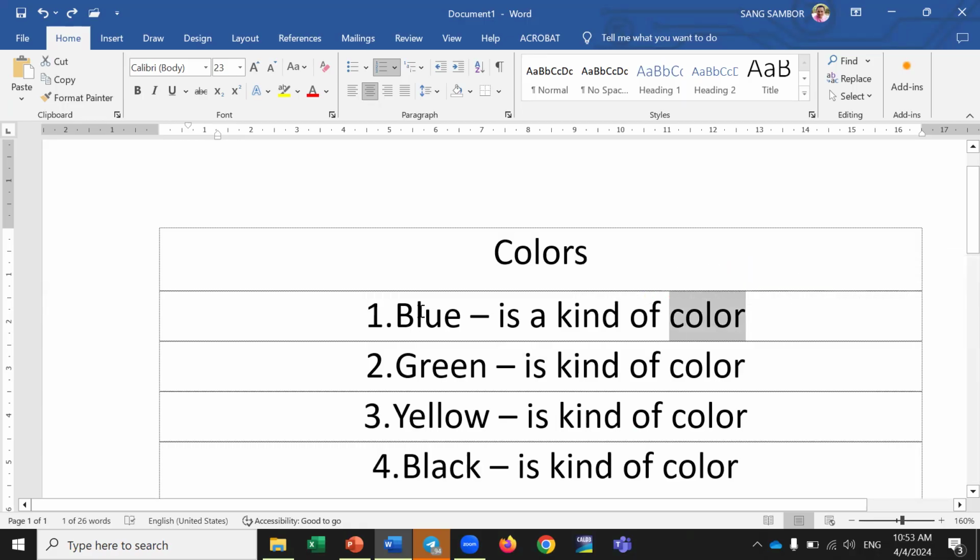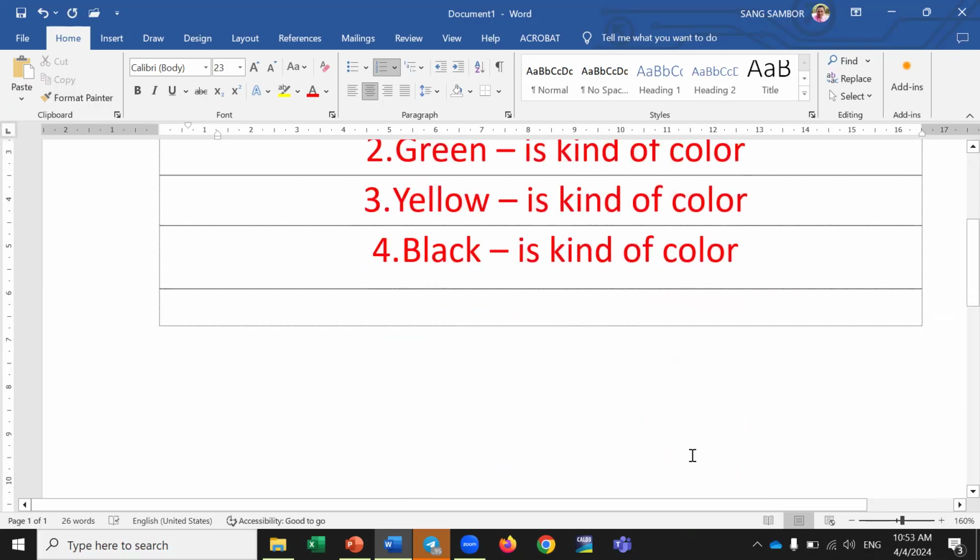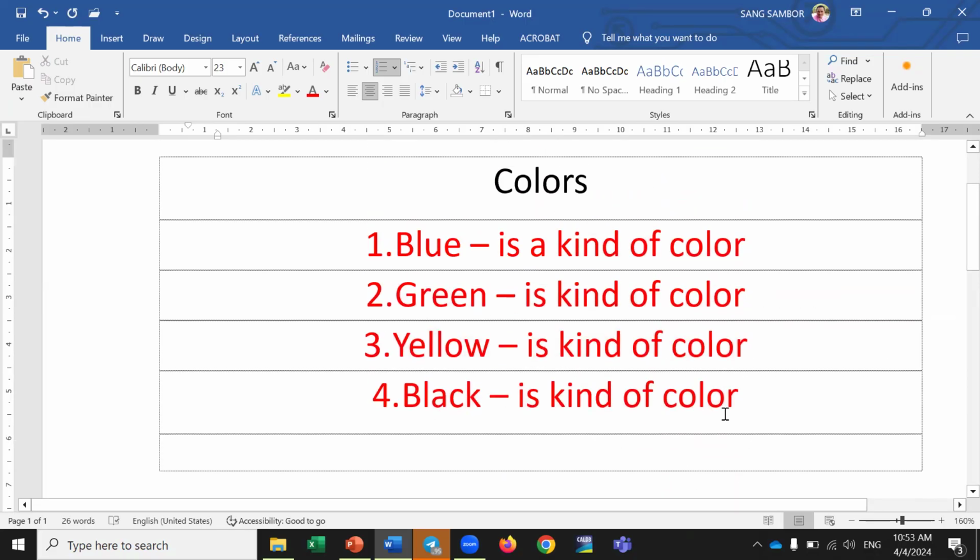Because in blue, we have the word color there. Green, we also have the word color there. Yellow also, the word color there. Black also, the word color there. So blue, green, yellow here are considered as co-hyponym.